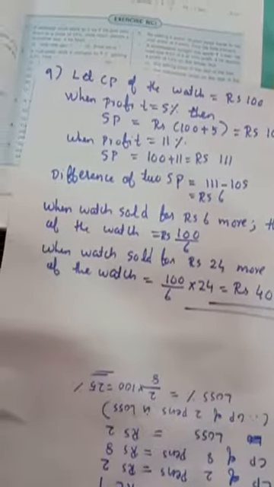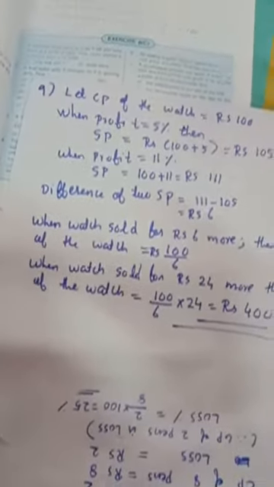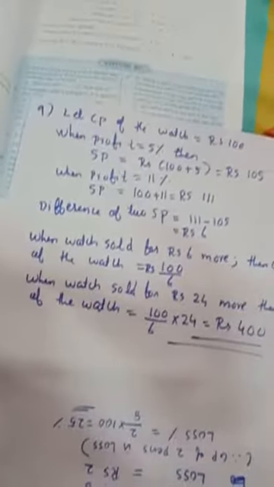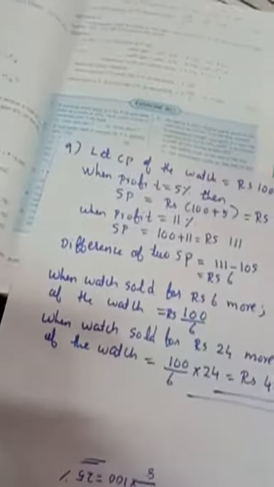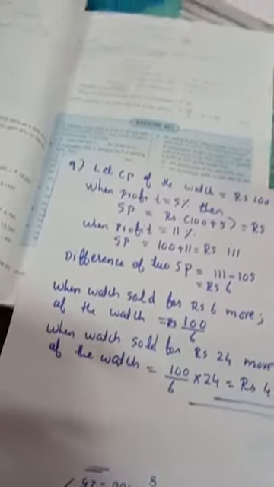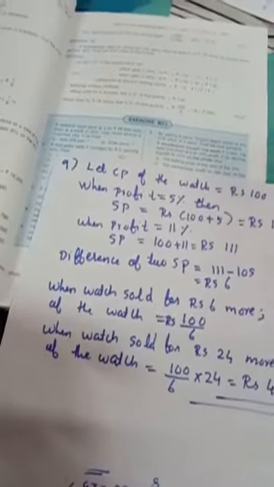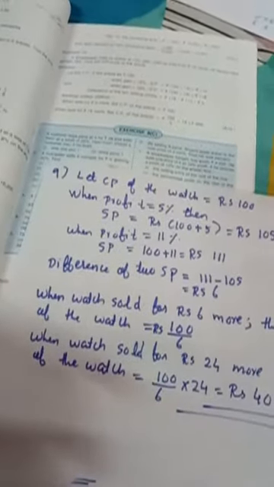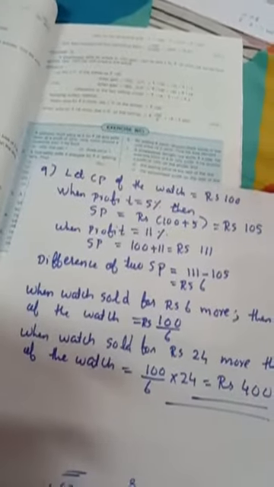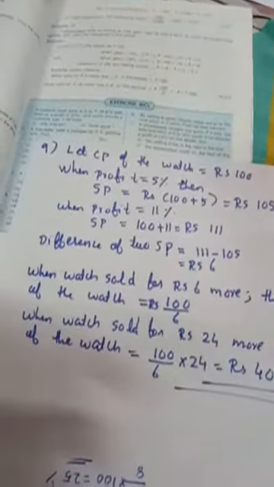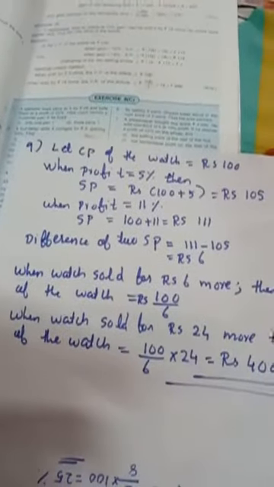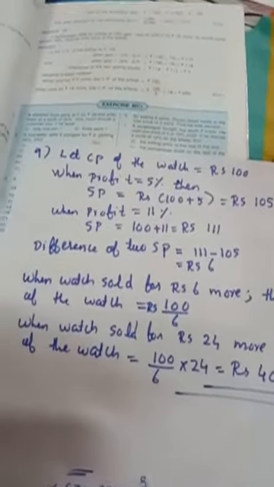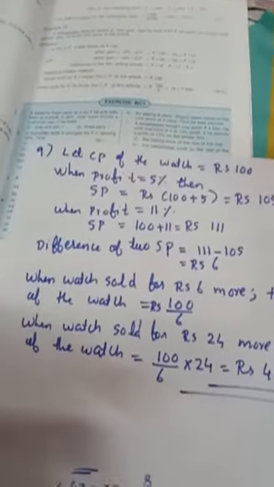If the price increases, then profit also increases, from 5 to 11. The difference is 6%. Here, when we convert into rupees, 6 rupees is the difference in the two SPs.